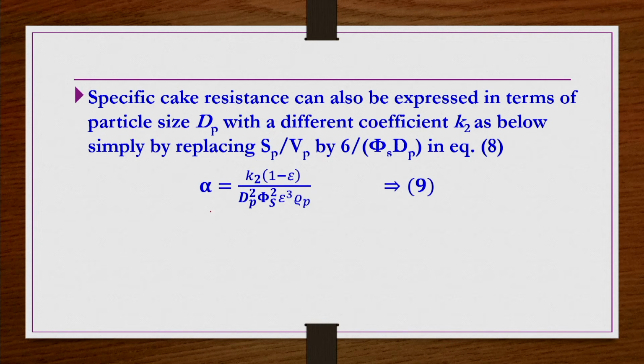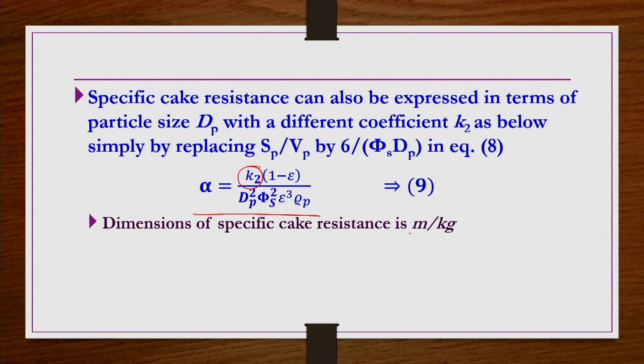Then alpha is equal to, the constant will be modified, whatever 4.17 is there. Here that 6 square is also there, so the new constant that comes we can call K2. We do not need to worry about the exact value of K2. When K1 is combined with this 6 square, the new constant we call K2. So alpha is K2 (1 minus epsilon) divided by pi s square dP square epsilon cube rho p.